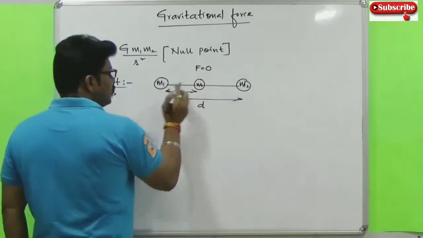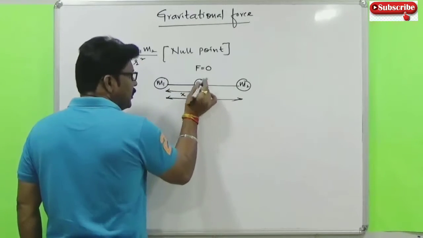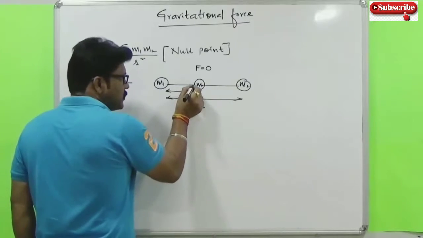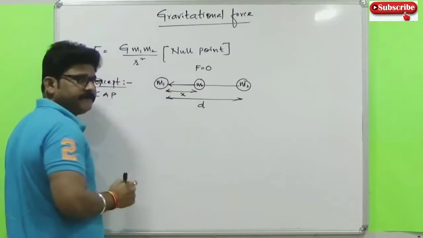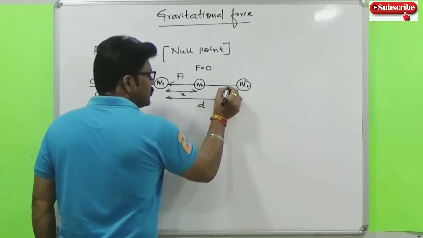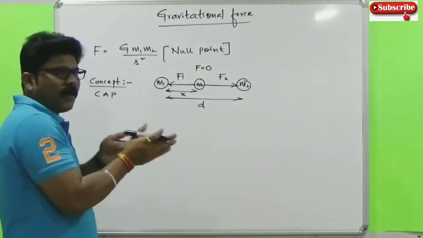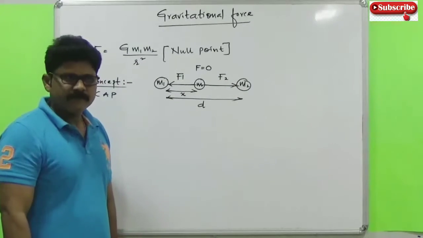Now to do this, let us see. Here m1 and m2 are there. On this mass, forces will be acting. If we want the net force on this one, this is the force in direction 1, that is F1, and the other force is F2. F1 and F2 are both opposite in direction.